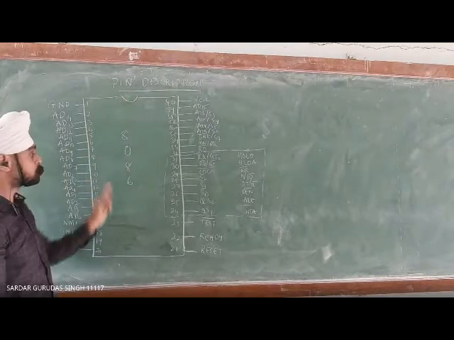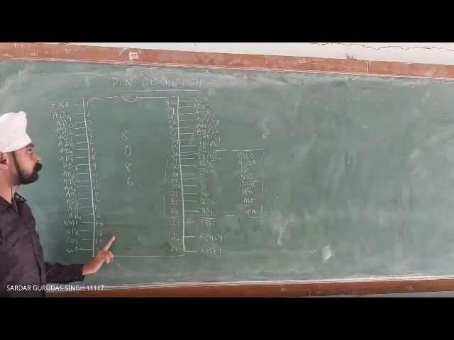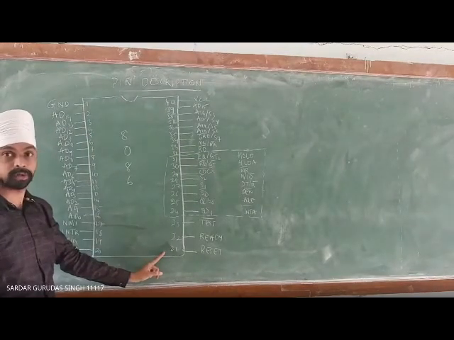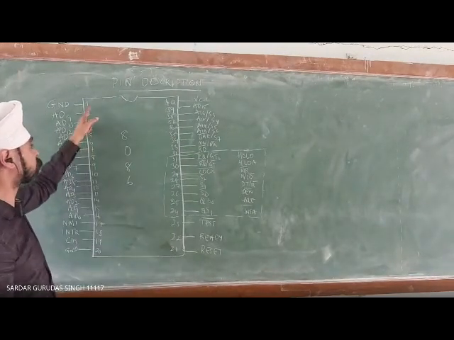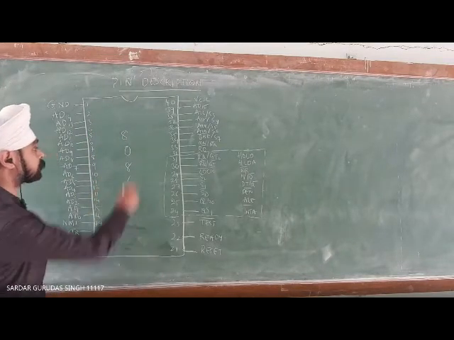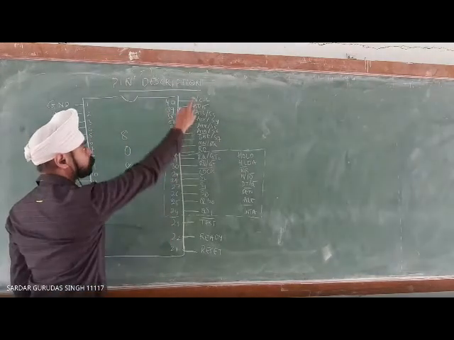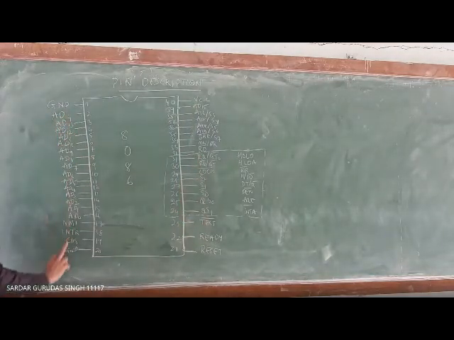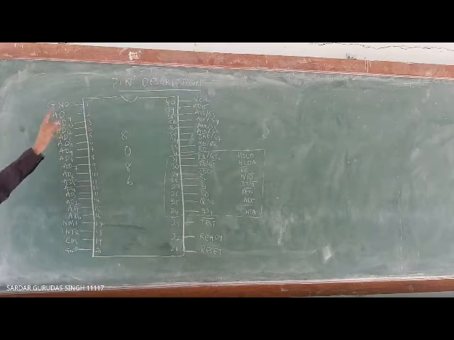If you see the diagram, there are a total of 40 pins in 8086, and their respective names are given on the left side of this diagram. These are the names of these pins.